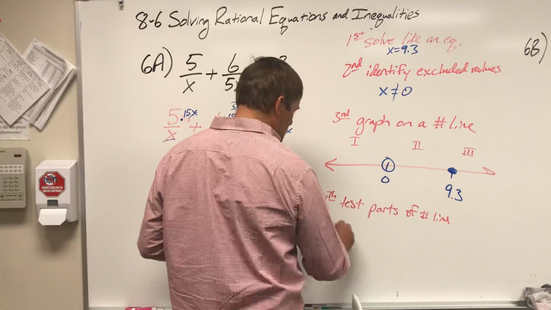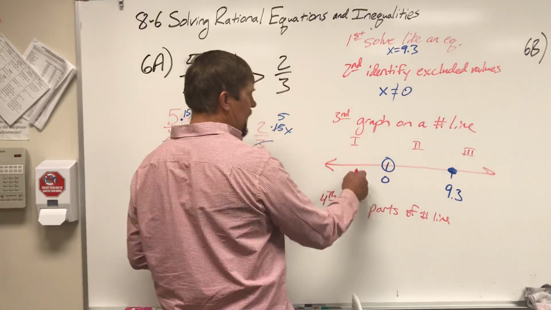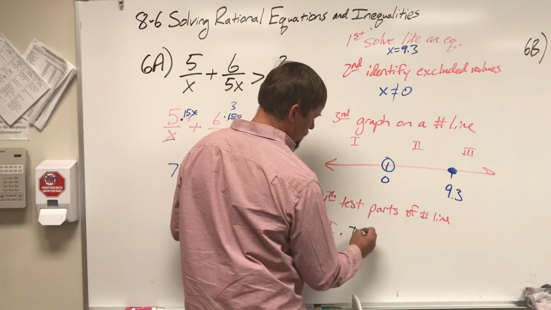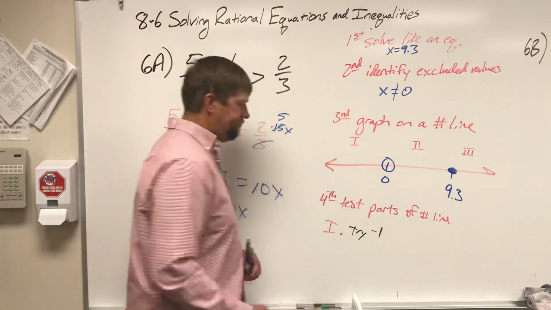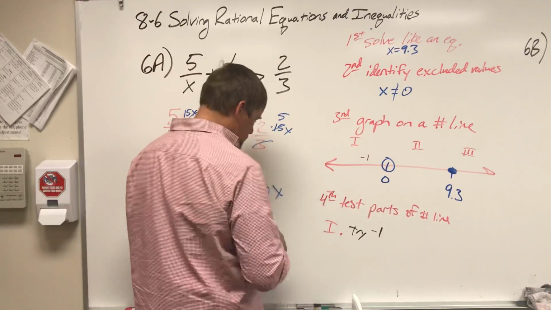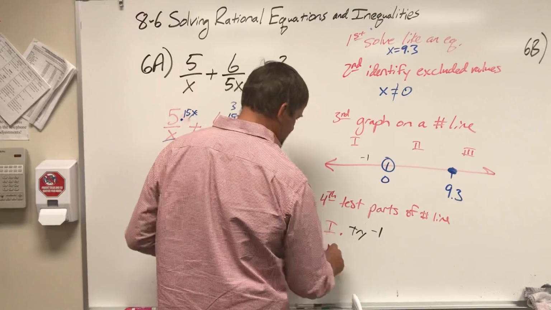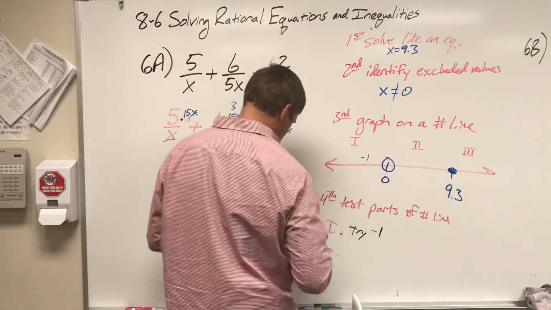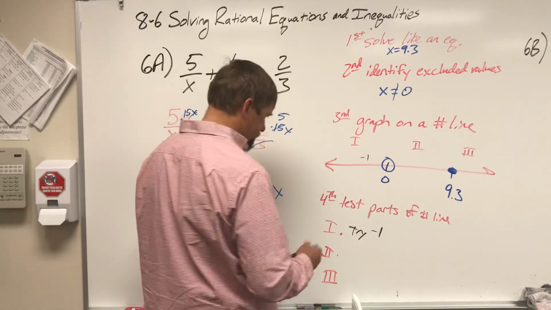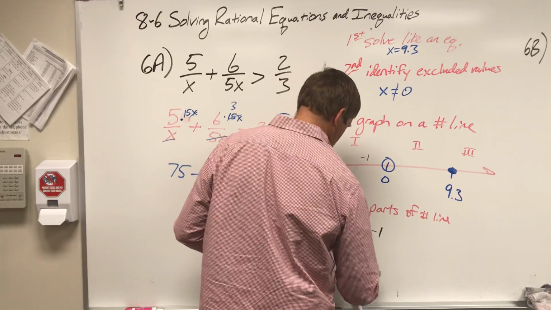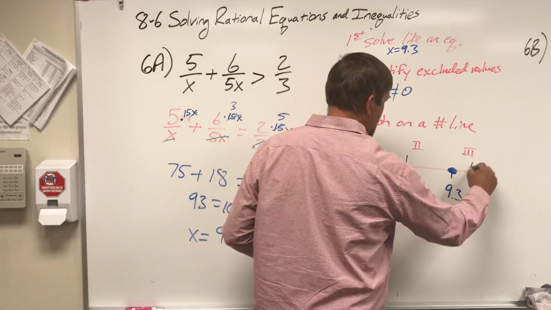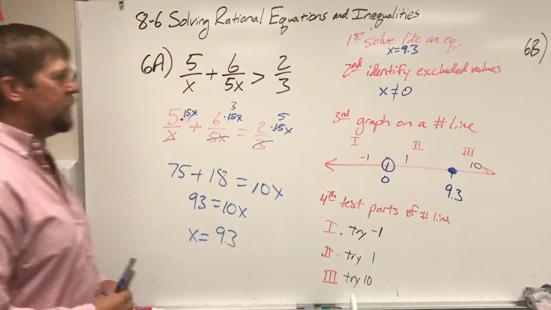In the first part, we check a number. Let's try -1, because that's over here. The second part, we'll probably try 1. And the third part, maybe we'll try 10.